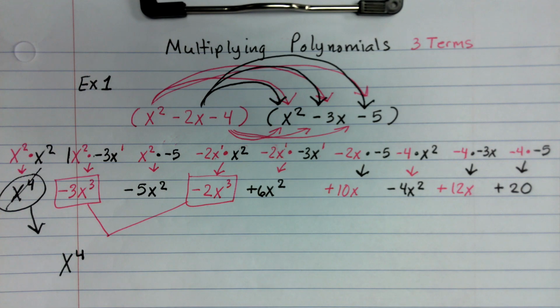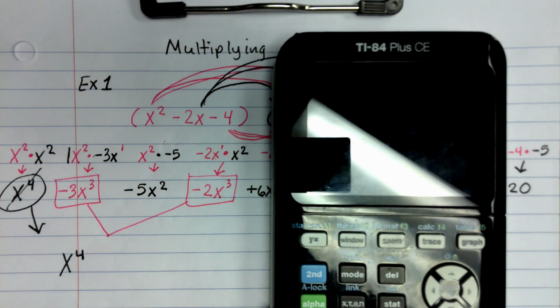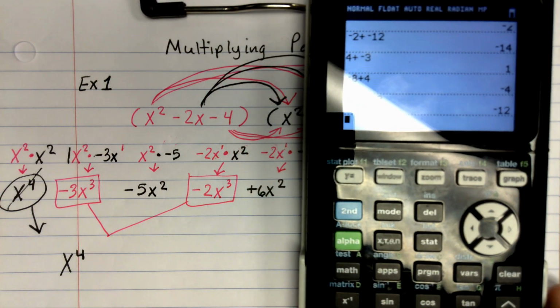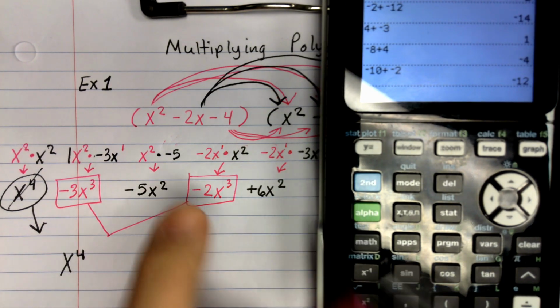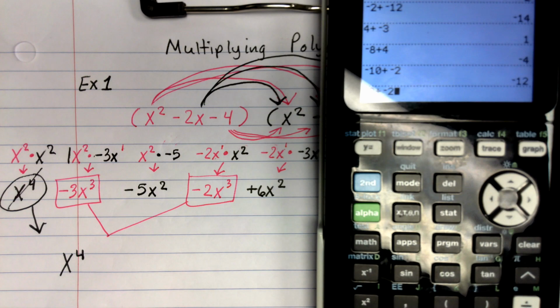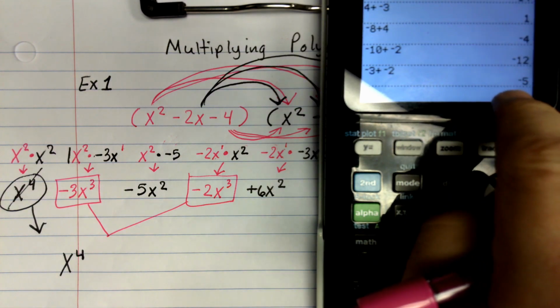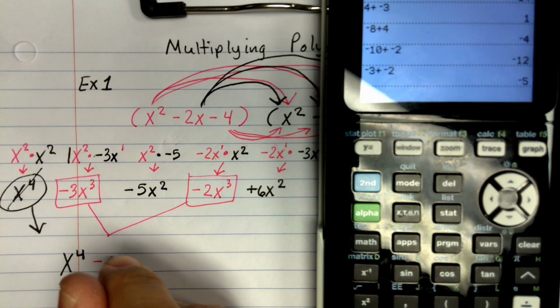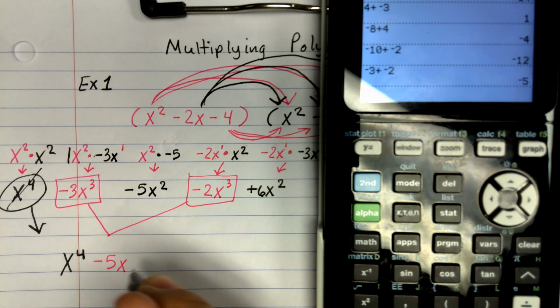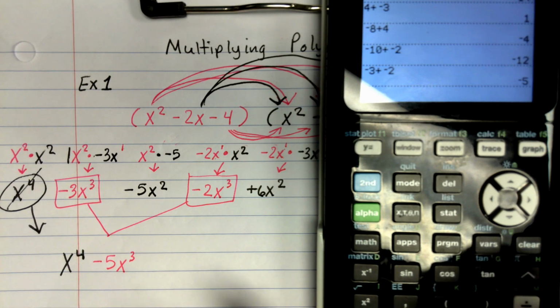And we can do that with a calculator. If you're not good at doing your negative integers, you can go ahead and just put it in a calculator. So we have negative 3 plus negative 2. And notice that gives me negative 5. So I'm simply going to put negative 5x to the 3rd power.